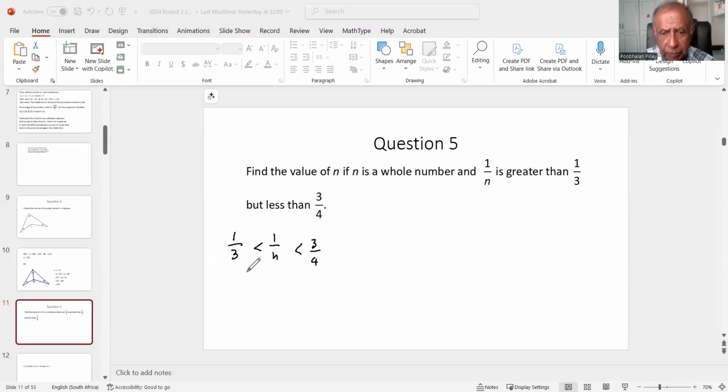But we can see this thing straight away, because n is a whole number. So there are only two possibilities here. If 1/3 is smaller than 1 over n, so this n will have to be smaller than 3. You see? So from here you can see n can be only 1 or 2.